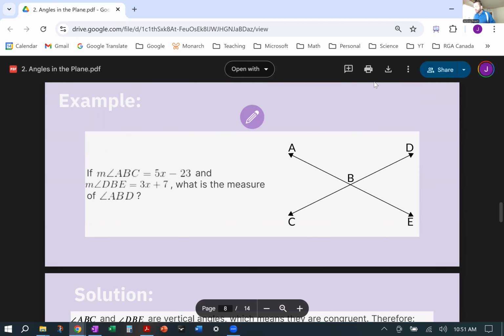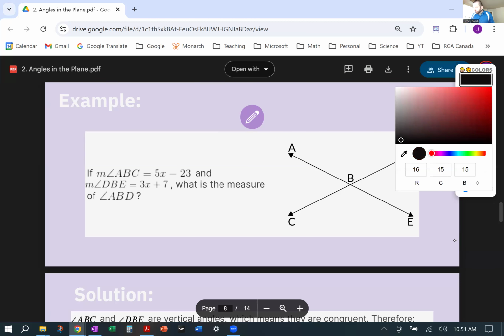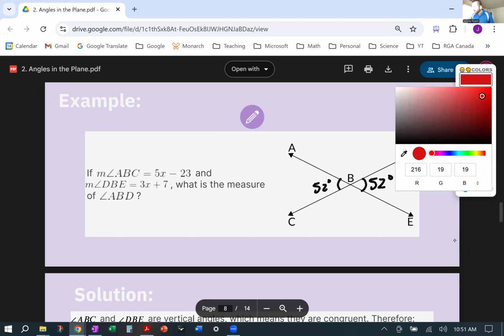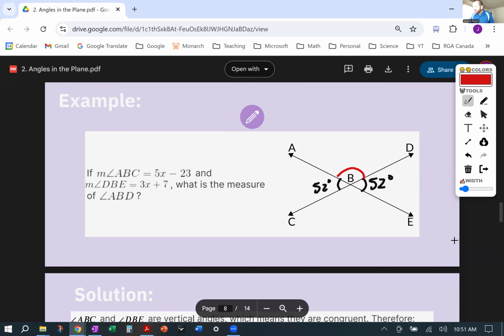Oh, I didn't actually solve this correctly. I apologize. Let me go back here. That's not what the question was asking either. So this is 52 degrees, and this was 52 degrees. It says, what's the measure of ABD? So ABD is this angle here.